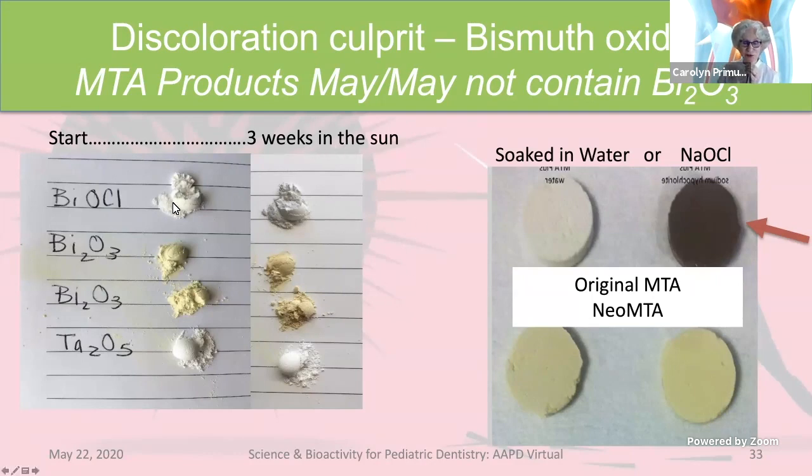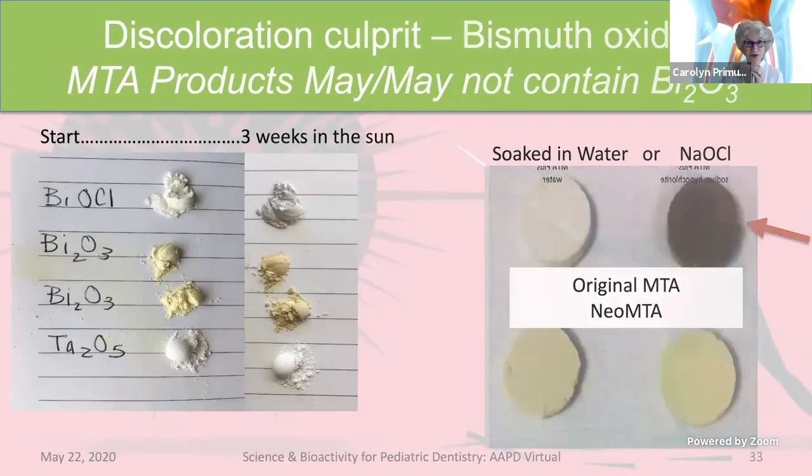And you can see they go from very white to gray to orangish. That's unlike tantalum oxide that's used in Neo MTA. And the same thing has been observed for using sodium hypochlorite, where we can soak MTA materials in water, or if we soak them in sodium hypochlorite, the original MTA containing bismuth oxide turns a very, very dark brown.